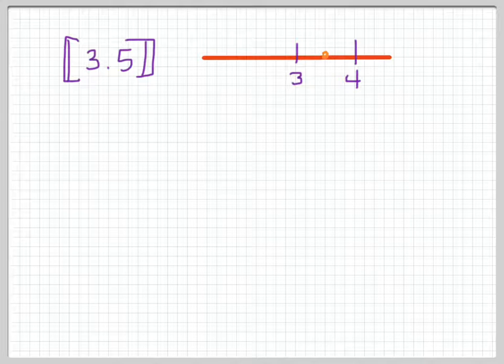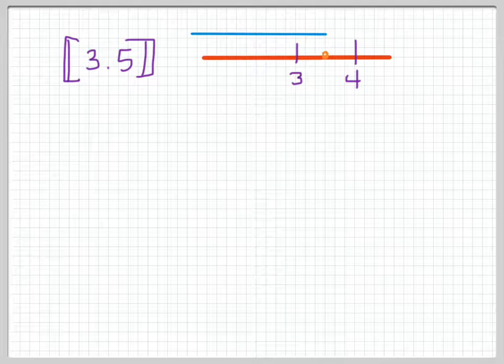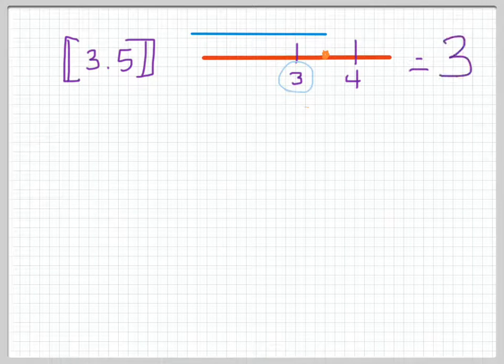So what we want to do is start on the left-hand side of the graph and keep going till we get to the orange dot, and then we ask, what is the greatest integer that we passed going to the orange dot? And that integer would be 3. So the greatest integer of 3.5 is 3.